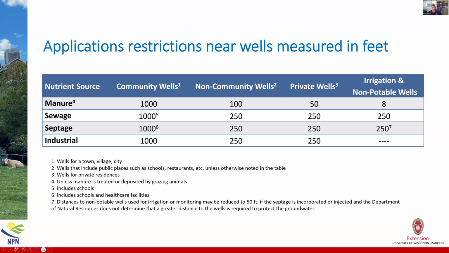And irrigation and non-potable wells that might be out there, for manure it's 8 feet, and for sewage and septic it's 250 feet. So you can adequately know that for any well other than community wells, for sewage, septic, and industrial, it's best to stay 250 feet away from those wells when applying those.